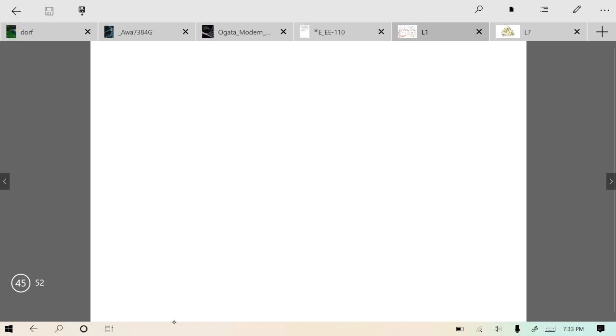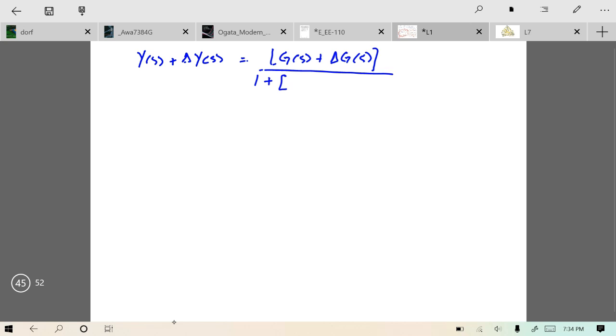So it would be, let's say, y of s plus delta y of s for a closed loop system, which would be equal to g of s plus delta g of s over 1 plus g of s plus delta g of s into h of s, multiplied by r of s.